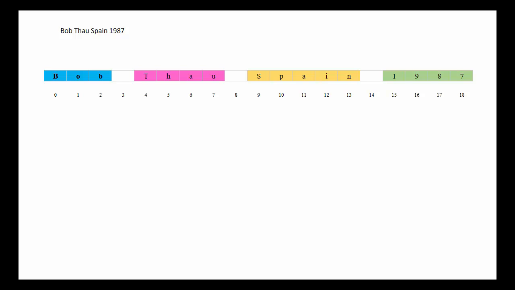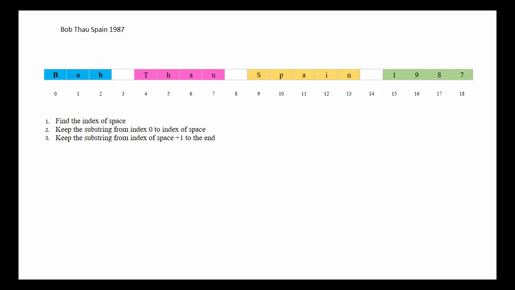And here is how the algorithm goes. Find the index of the space, of the first space, of course. Keep the substring from index 0 to index of space. Keep the substring from the index of space plus 1 to the end of the string.